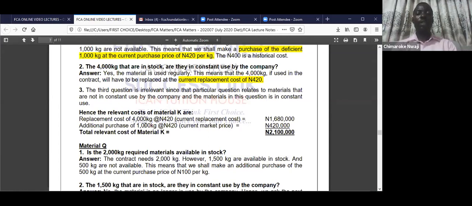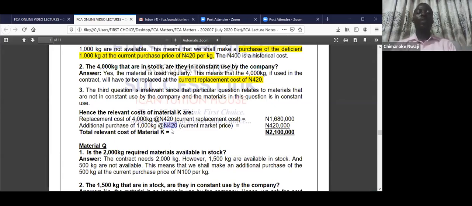So you see, this 420 here is replacement cost, for how many? You are replacing 4,000. You cannot replace 1,000 because you went to buy extra 1,000, so you are purchasing 1,000 new. So you call this one current market price.